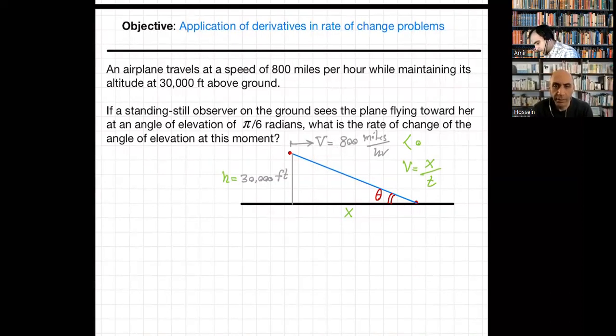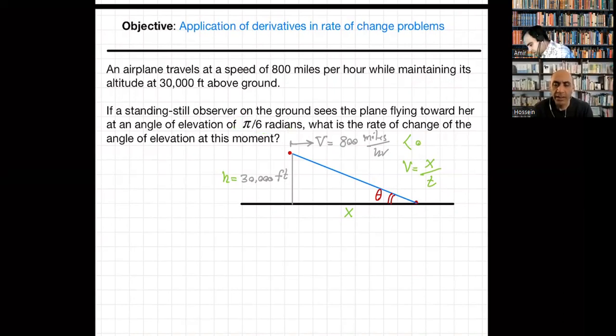That's about the velocity. But the question is, what is the rate of change of theta at this moment when theta is pi over 6?